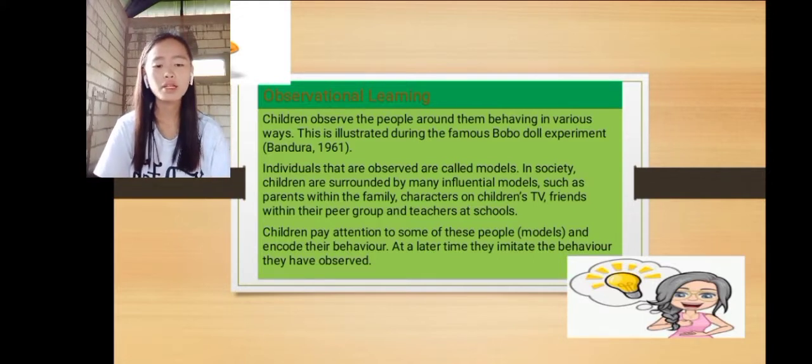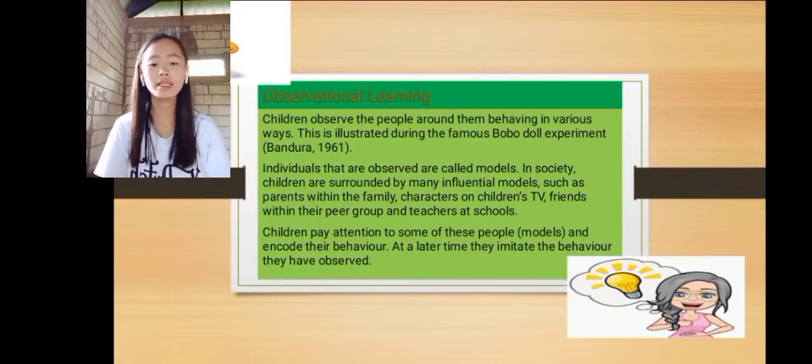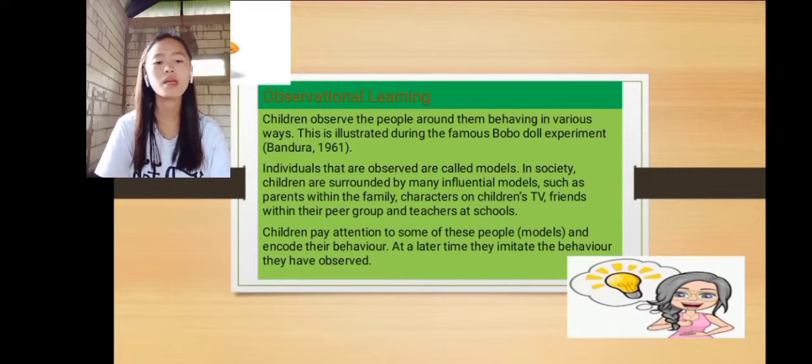Individuals that are observed are called models. In society, children are surrounded by many influential models such as parents within the family, characters on children's TV, friends within their peer group, and teachers at school.